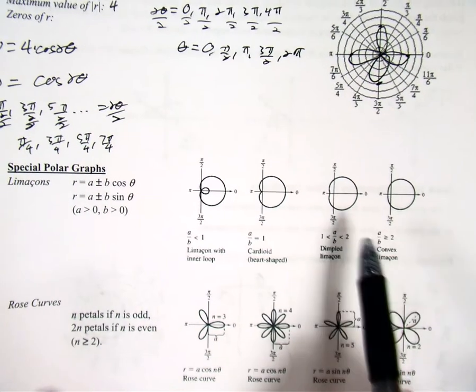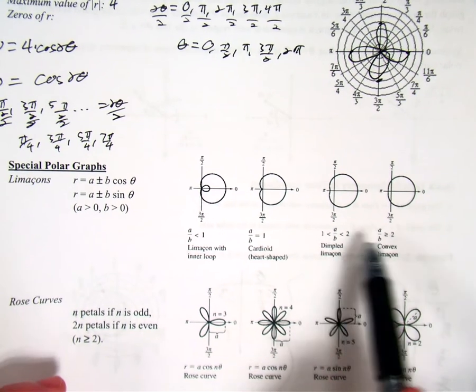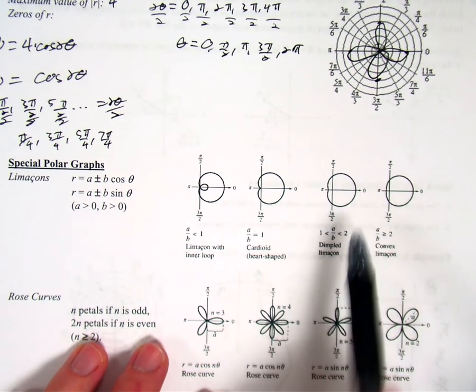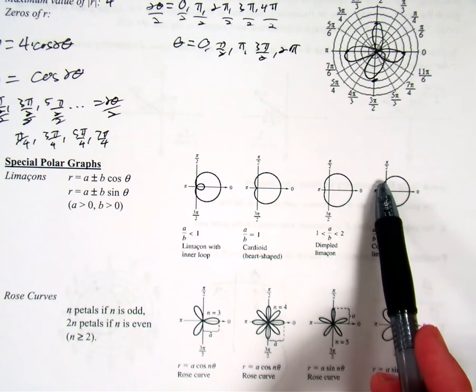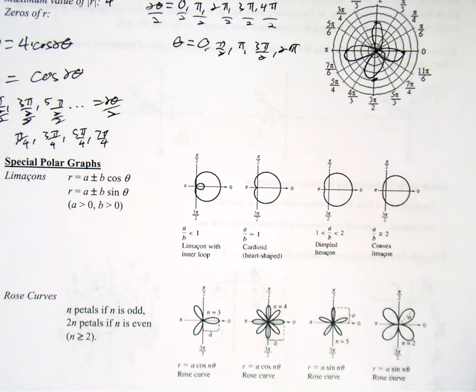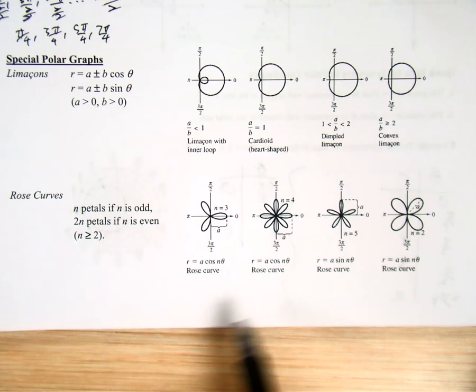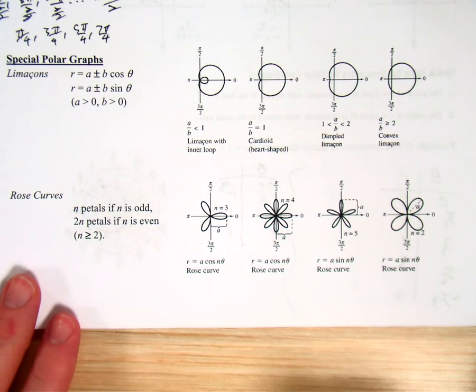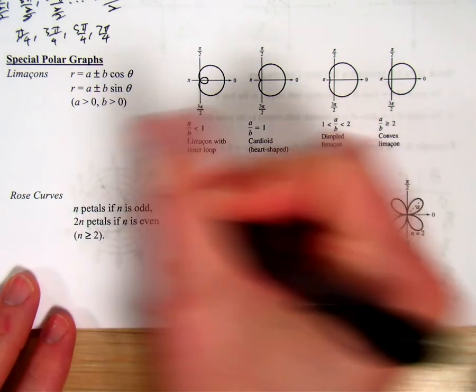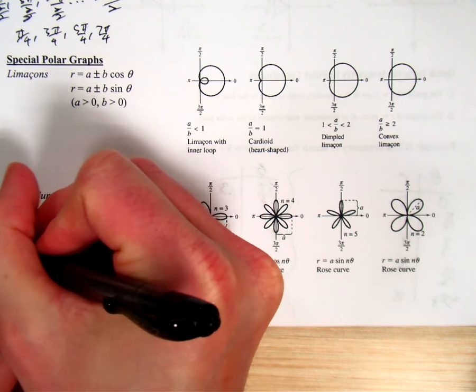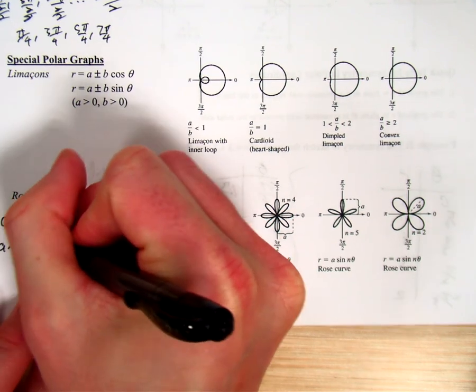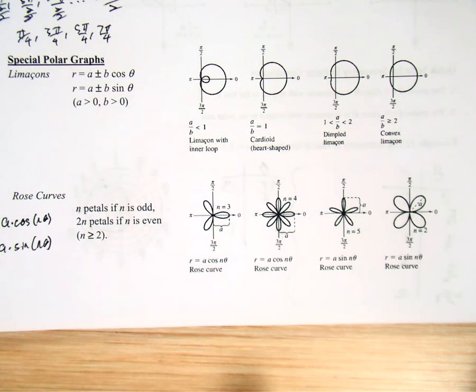What did we have last time? If a divided by b is between 1 and 2, we get a little dimpled one like we did on the front side. And if a divided by b is bigger than 2, it just kind of flattens out. Anything of this form, a times cosine n theta, or a times sine n theta, will make a curve, a rose curve.